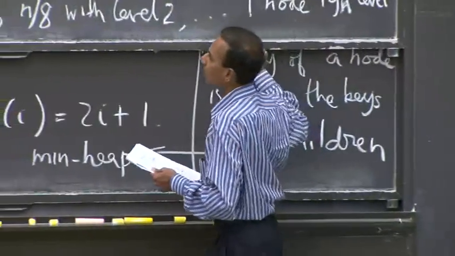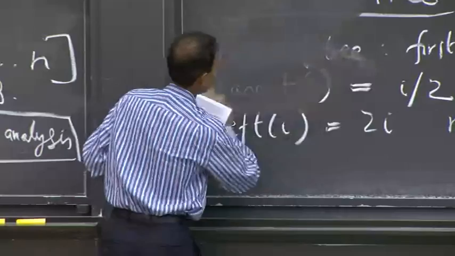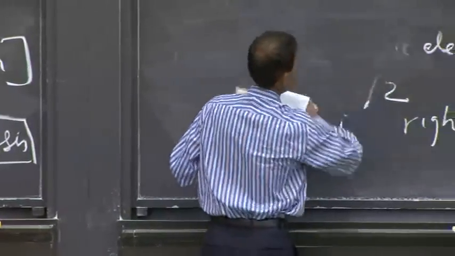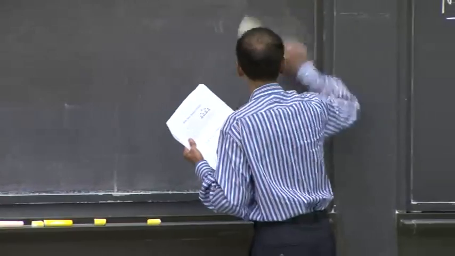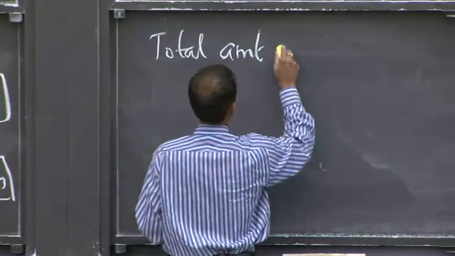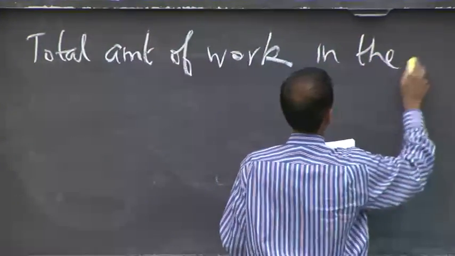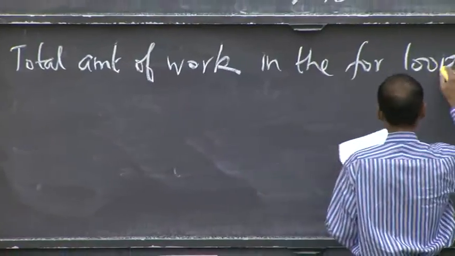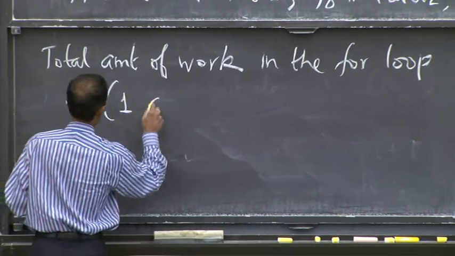And so all I have to do now to prove to you that this is actually an order n algorithm is to write a little summation that sums up all of the work across these different levels. And so the total amount of work in the for loop can be summed as n divided by 4 times 1 times c.